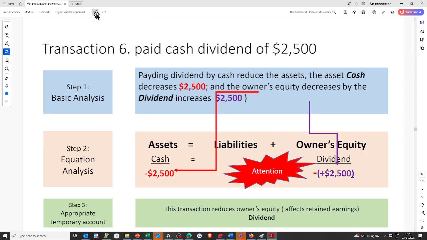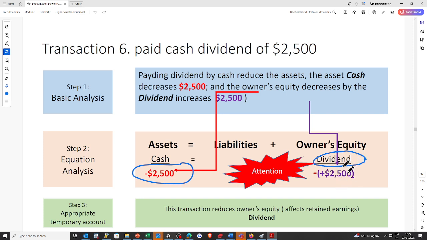Okay, so we continue with another transaction. The company paid a cash dividend of 2,500. If you pay cash, it means that you reduce the cash asset of the company by 2,500, and you increase your dividend.